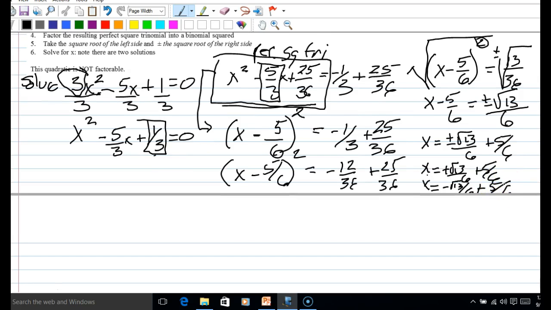So there are your two solutions. And again, this trinomial is not factorable. So you're going to either have to find the solution by completing the square or using the quadratic formula, which we'll talk about next.